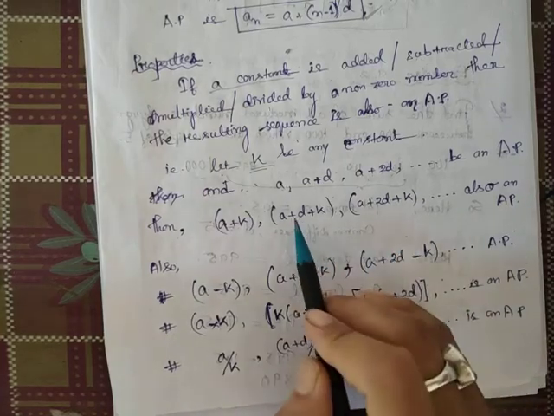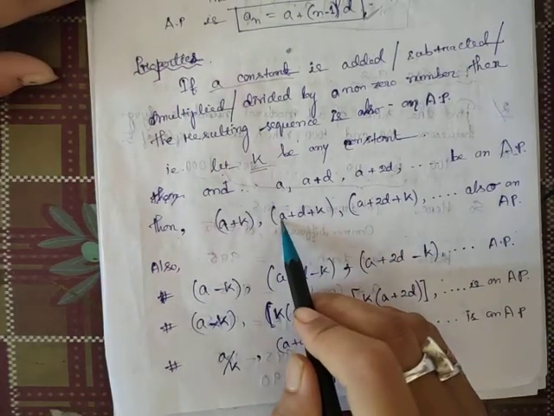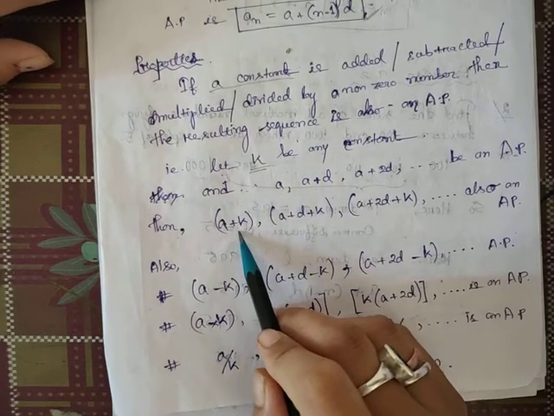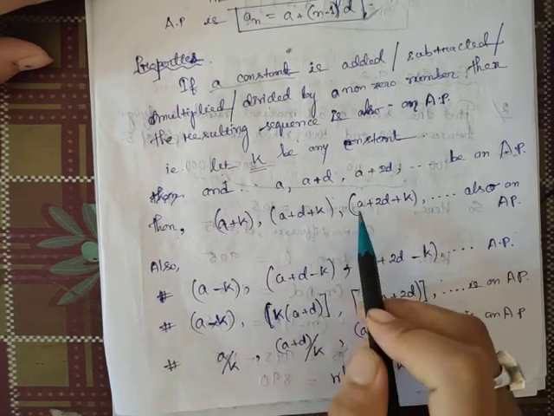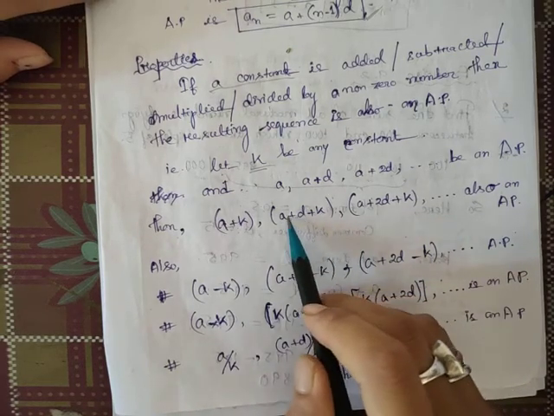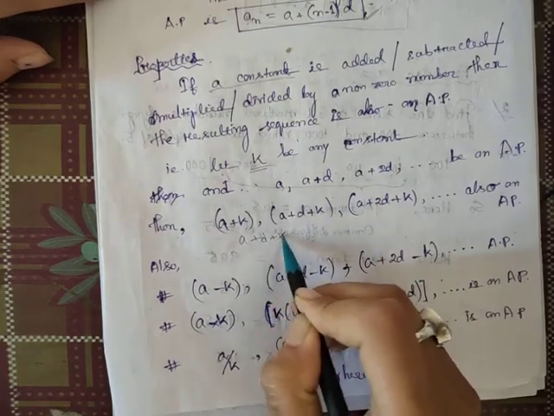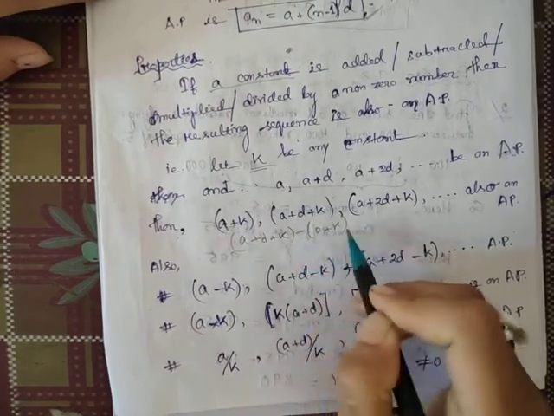Why? Because for it to be an AP, what is needed? The difference must be the same. Second term minus first term must have the same difference as the third term minus the second term. Second term minus first term: a plus d plus k minus a plus k. What will come?